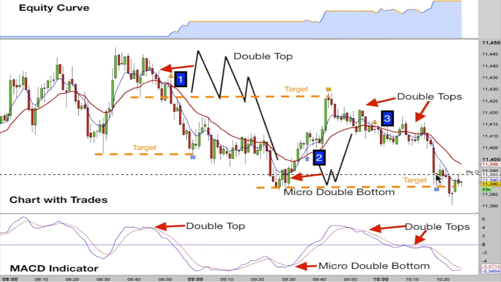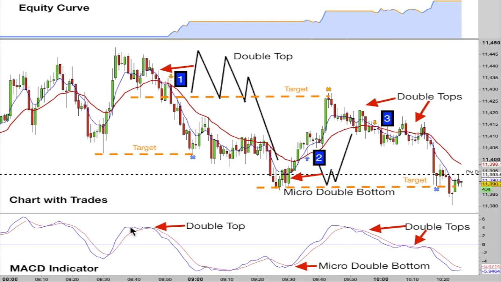You can see two double tops and two double bottoms in these trades, and these double tops and double bottoms are replicated in the action of the fast line on the MACD.